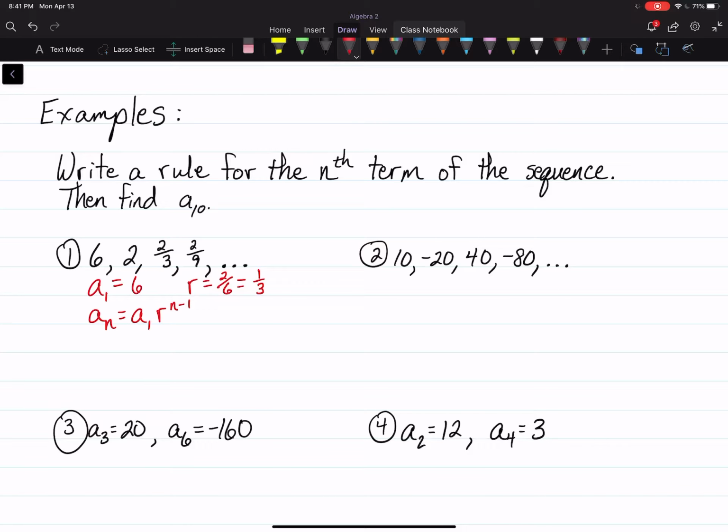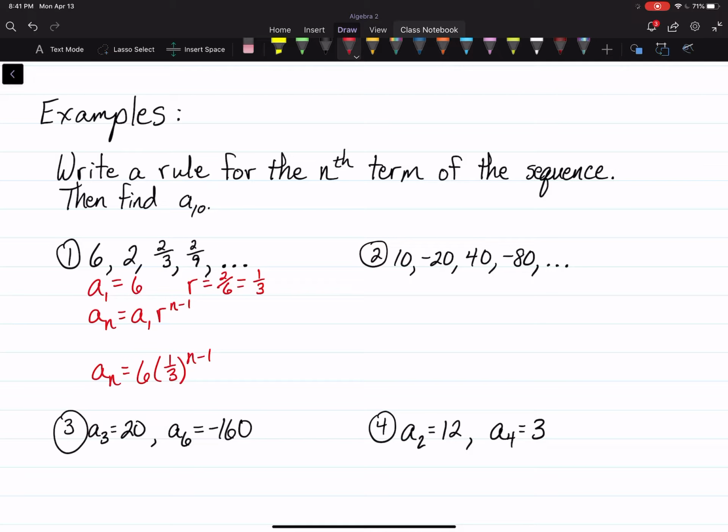I didn't have to use those two numbers. I could have done 2/3 divided by 2, or 2/9 divided by 2/3. Either way, you get 1/3. They'll all have the same common ratio. After you got that, it's just plugging in. So a sub n equals 6 times 1/3 to the n minus 1 power.